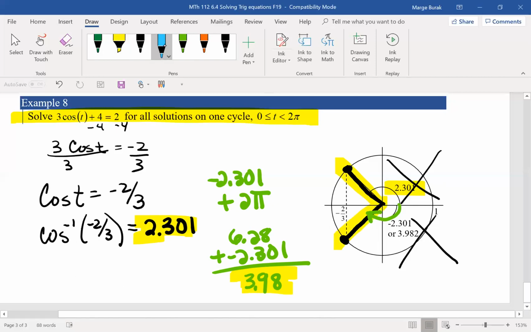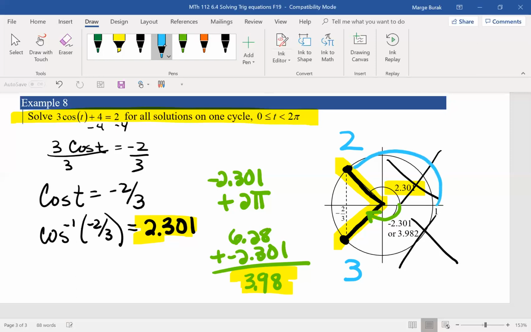Okay, so let me review how we got that. First of all, we found the cosine was negative, so we're in quadrants 2 or 3. And then we found the radian measure of the angle that gets us that, which turned out to be 2.301. Okay, so that was this angle.